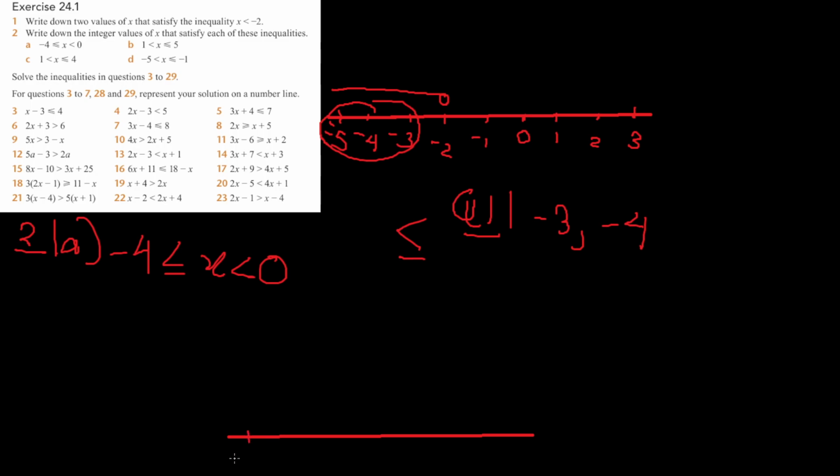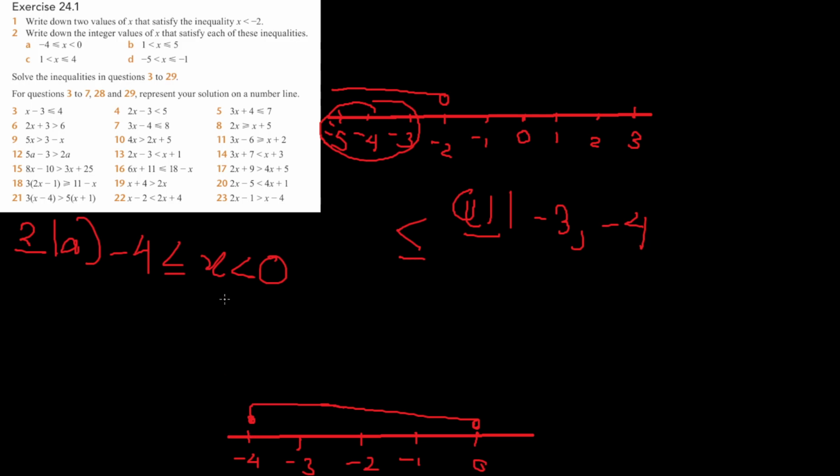So let's write minus 4, minus 3, minus 2, minus 1, and 0. We can see that this is a greater and equal sign, so we can just color it in. And then this is just a normal sign, so we can just leave it as a blank space.